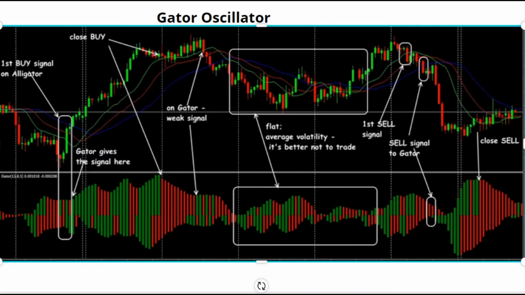The negative value is the difference between the red and green balance lines. It is then multiplied by -1 to give it the necessary negative value. Bars that are larger than the previous bar are green. Bars that are smaller are red. It's a good tool for timing and can be used in conjunction with the Alligator indicator.